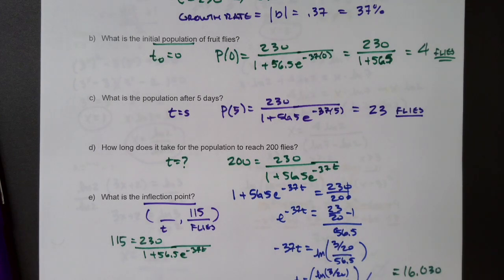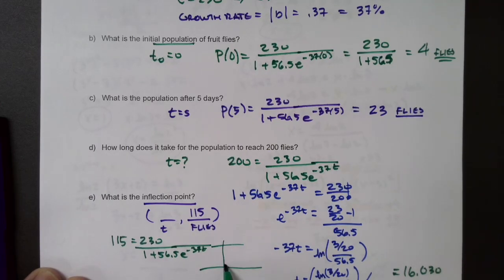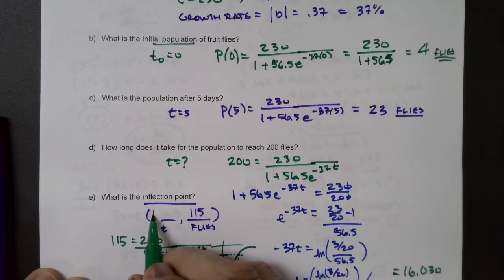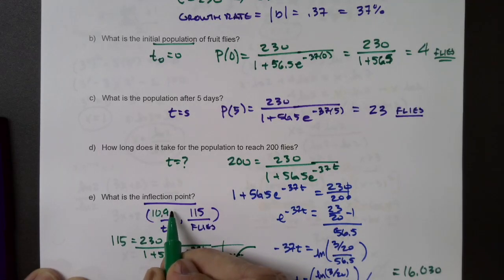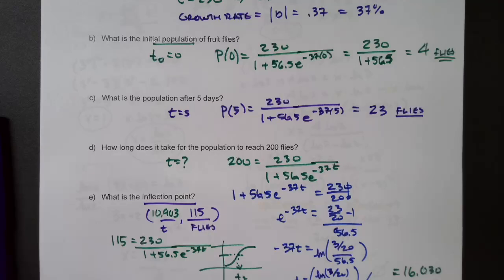I think I just put that in the calculator, graph this beautiful little exponential growth, and then find that intersection, and it's going to give us the t value or x value down here, which ends up actually being, after 10.903 days, we reach our inflection point. So 10 days will be halfway to our max.